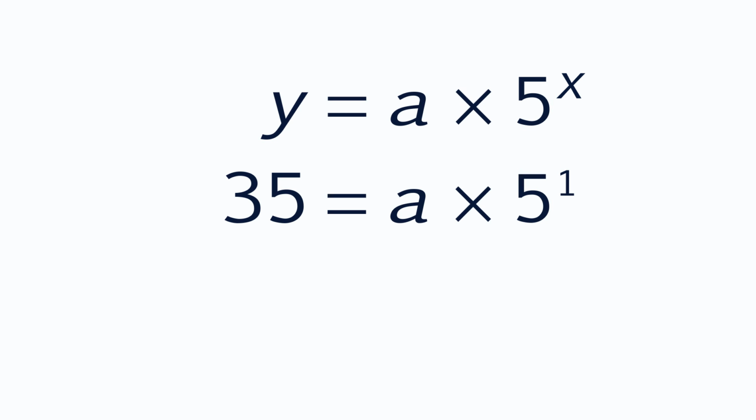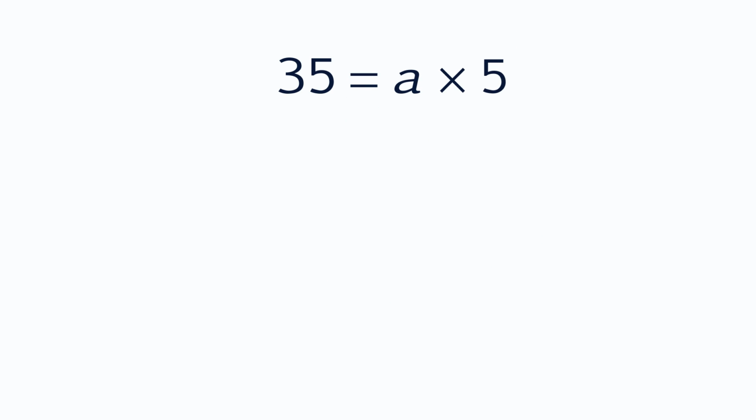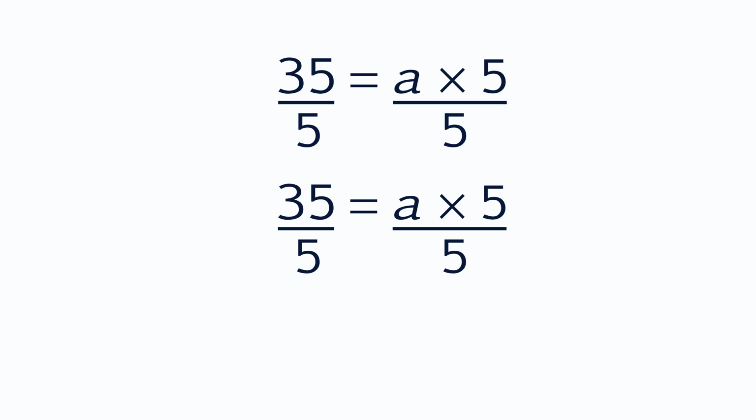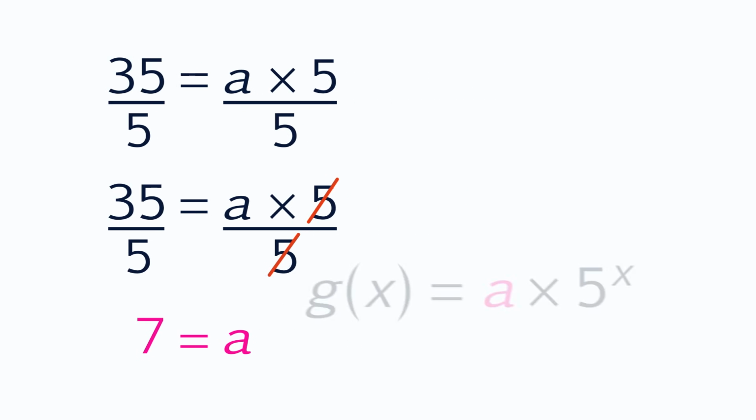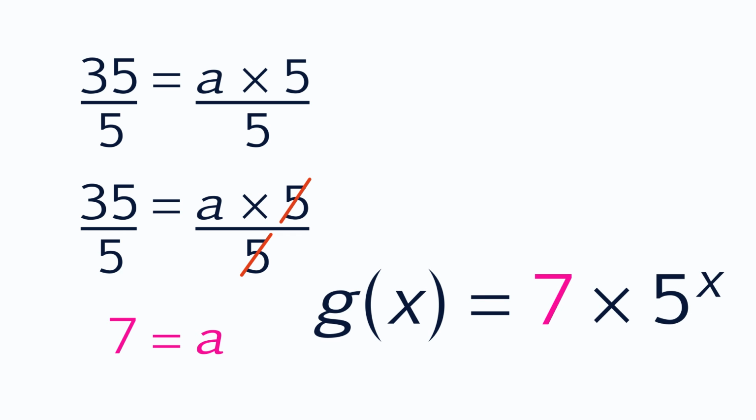On the right-hand side, you have the power 5 to the first, which is 5. To isolate a on one side, you divide both sides by 5. You get 35 over 5 equals a. 35 over 5 is 7, so a equals 7. That means the coefficient a is 7 in the function g of x.